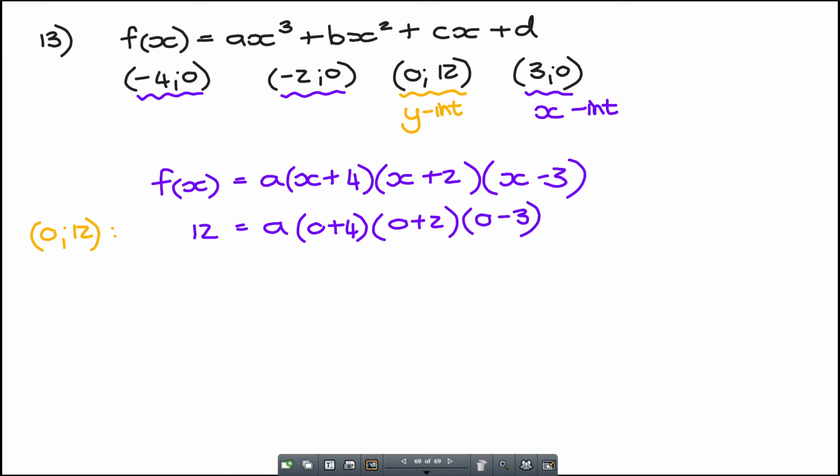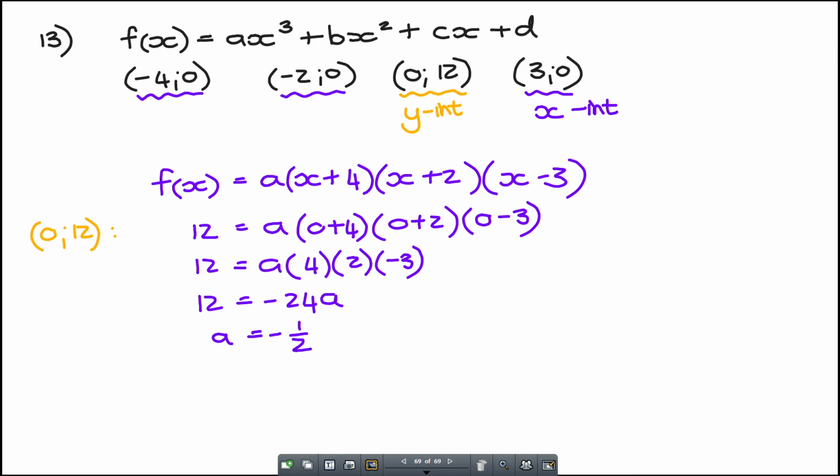I'm just doing the 2 steps in one. Okay? But you could have first multiplied out if you wanted. Okay, so then I'm going to have 12 is equal to a times 4 times 2 times minus 3. En dit gee vir my minus 24. Which means that a will be minus a half.